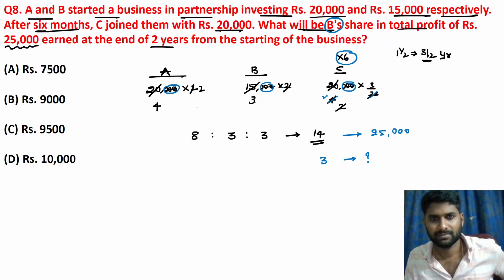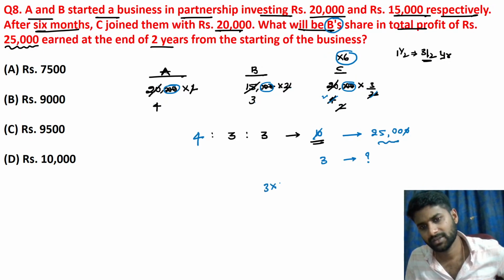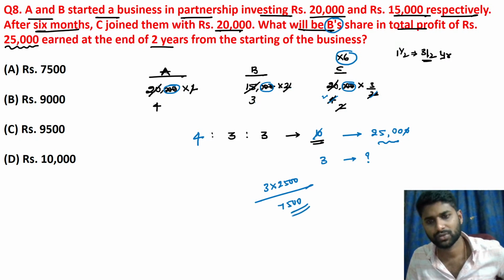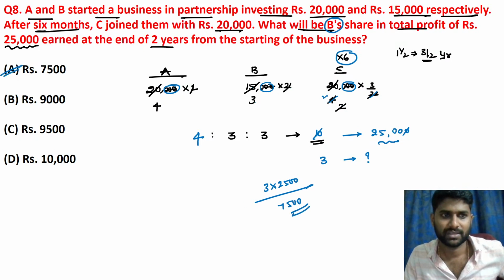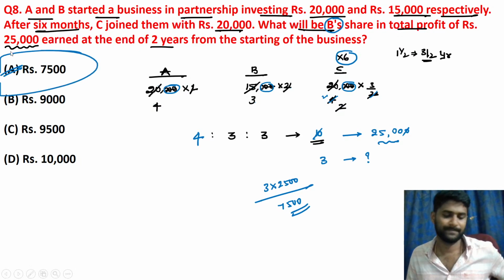Here the ratio becomes, sorry, it's 4 is to 3 is to 3. Yes. Now each unit is exactly equal to 2,500. Now 3 into 2,500 is exactly equal to 7,500. Out of 25,000, the share of B is exactly 7,500.